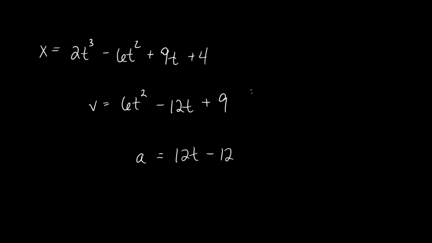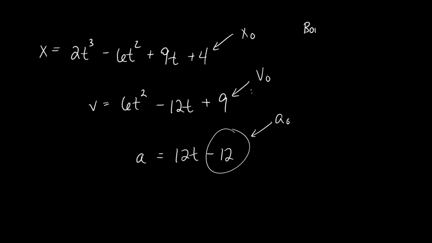That will be the position when the time equals 0. The 9, what does that got to be? Initial velocity. What's the 12 got to be? The initial acceleration. Yeah. These represent the position, velocity, and acceleration at time 0.